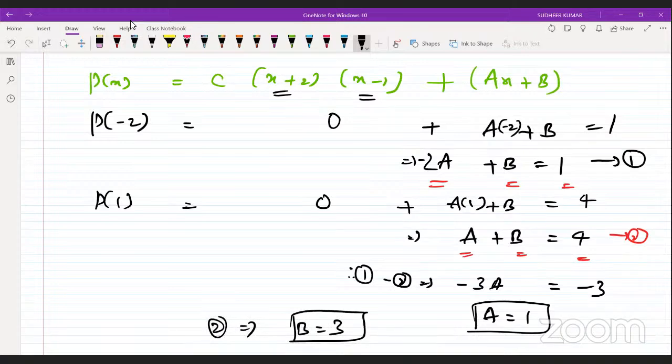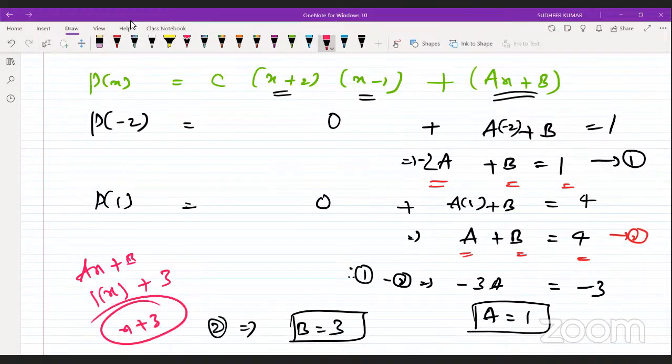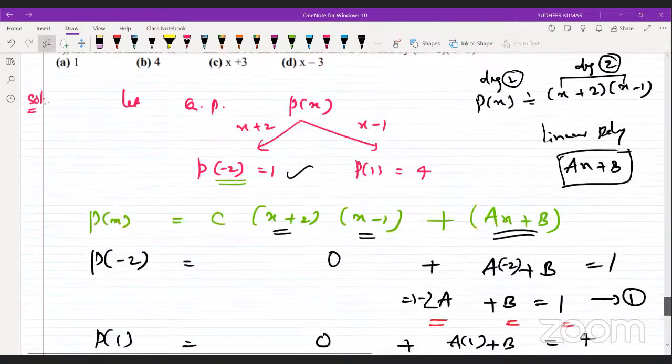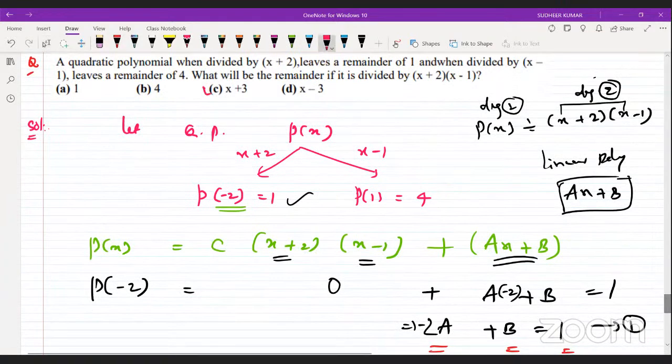So when a is 1, b is 3, then the remainder in the form of ax plus b is x plus 3. So the remainder would be x plus 3. That's it. x plus 3 is the correct answer.